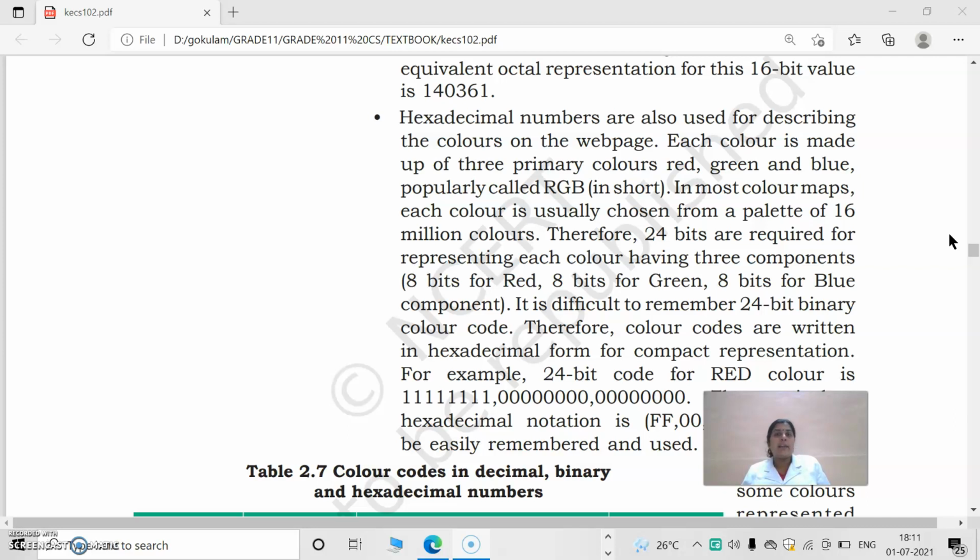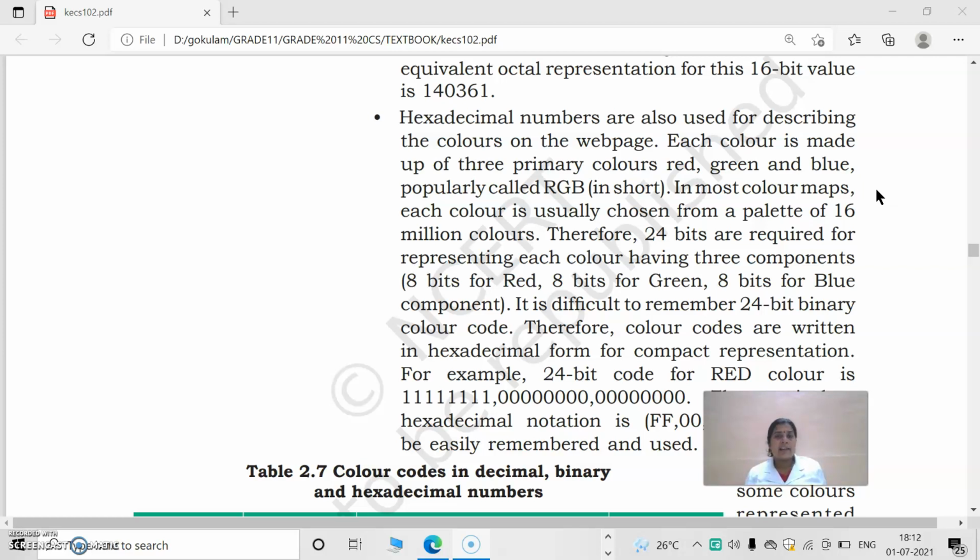Suppose you are representing orange or any other color, the combination of these makes the orange color. So we have to represent all 3 colors, each with 8 bits, so there will be a 24-bit code for red, green or orange.